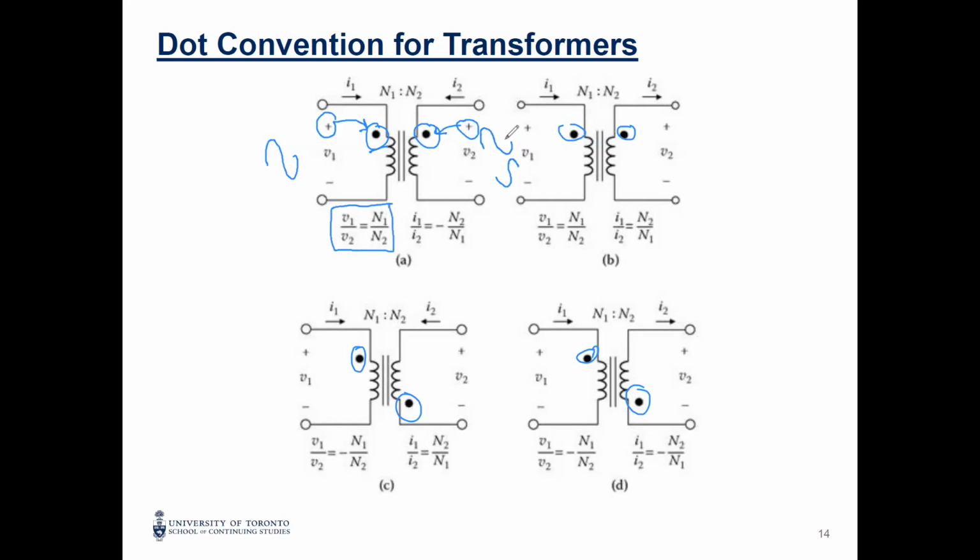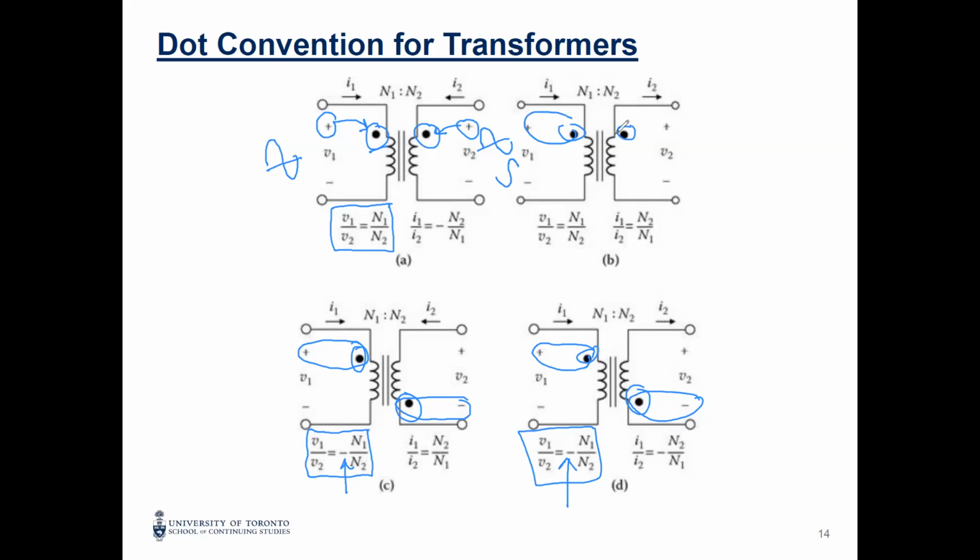They are in phase, like this and this. If you have positive here but negative here, then one positive, one negative, you have a negative sign in the voltage.